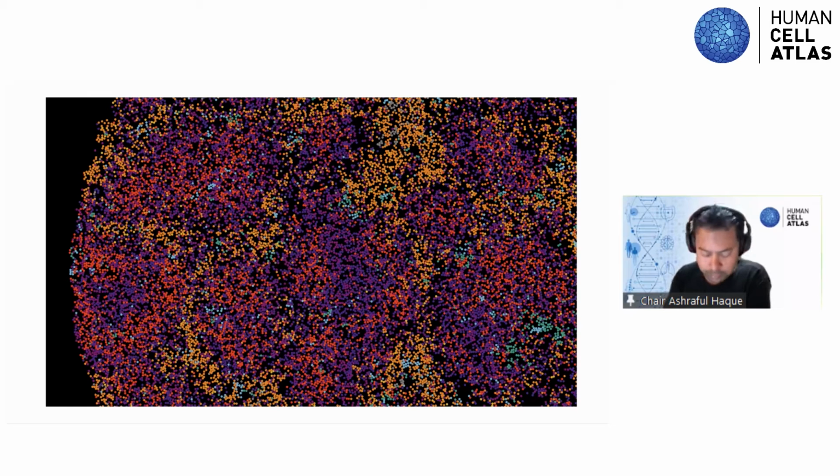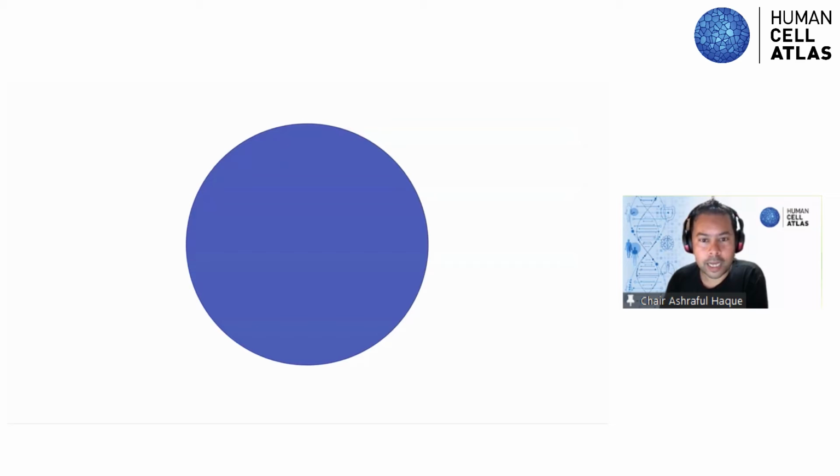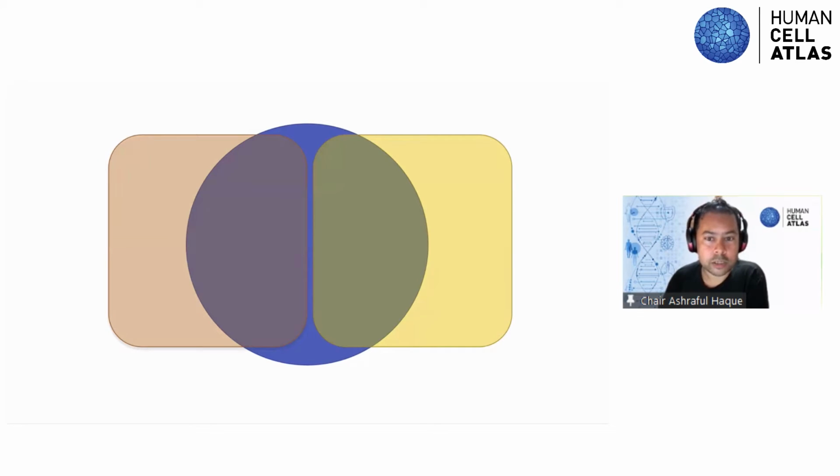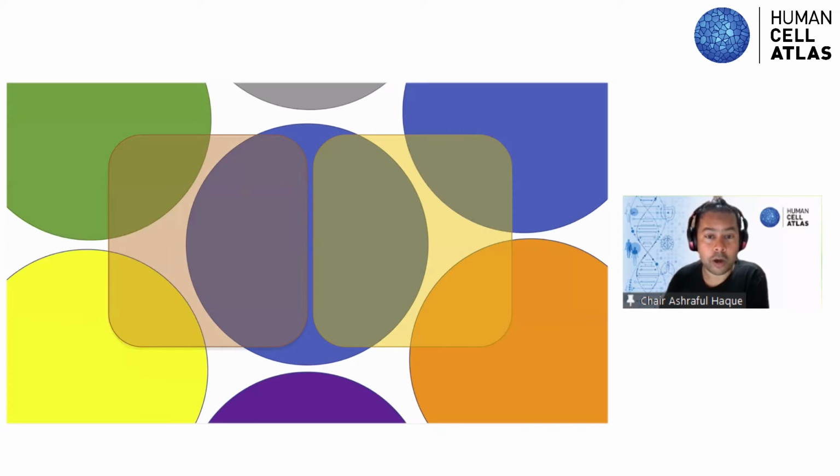But it's important to remember that each circle is not a cell, it's a bead. And when you place the tissue over that array, you may get two cells contributing their messenger RNA to one bead. And if that happens across the whole tissue, that's a fairly complex situation where you need to split the signal at every given bead into its component parts.